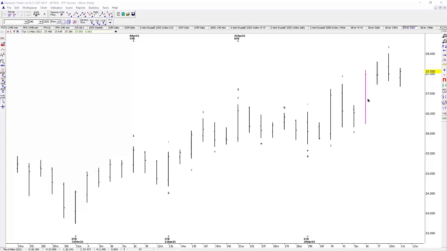Not necessarily complete yet, but when this is complete, what's important here? More than likely, we're going to have at least a correction greater in time and price than any correction since the low. In other words, a correction greater in time or price than the 2 or the 4. Now, that's not a huge correction.